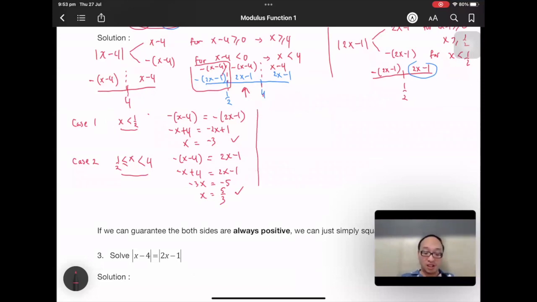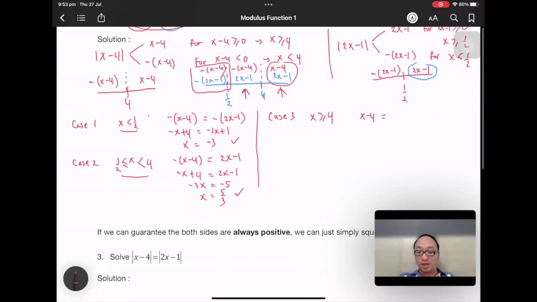And then case 3, the last region, for x greater than or equal to 4. So we take both as positive. So x minus 4 is equal to 2x minus 1. So that means negative x equals 3, so x equals negative 3.